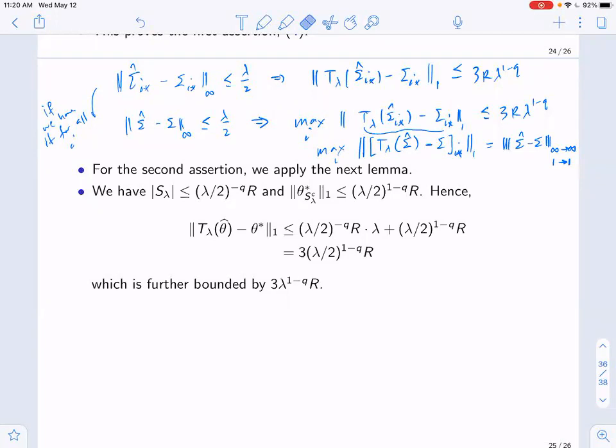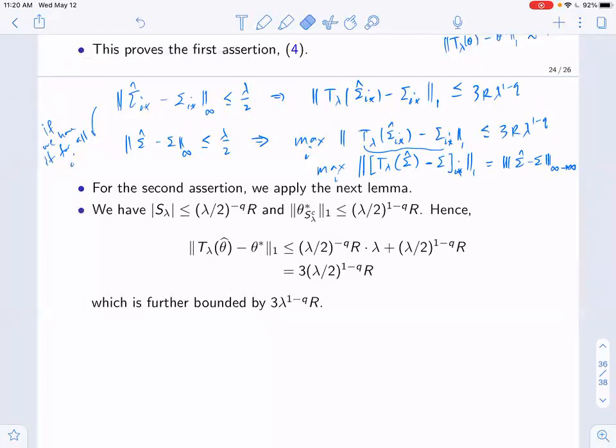So this would be infinity, I believe. L1 would be the maximum absolute column sum, and this is the maximum absolute row sum. But do let me know if this was wrong.